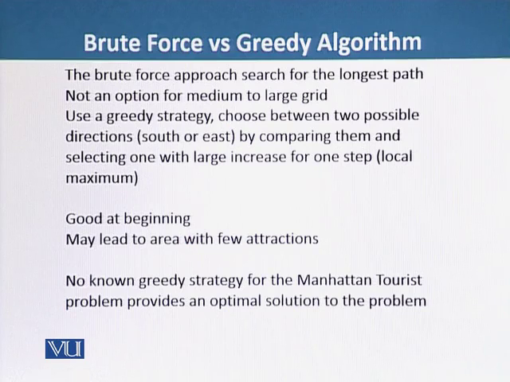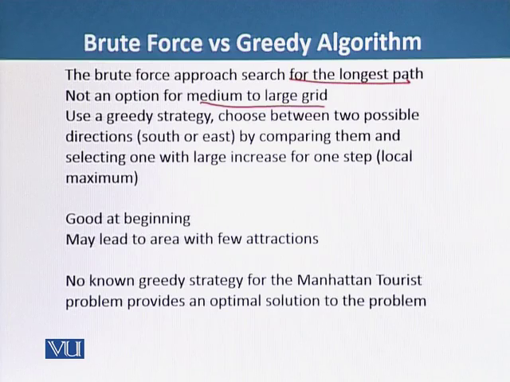We will see the difference between the brute force and the greedy algorithm if we try to solve the Manhattan tourist problem. The brute force approach to finding the longest path is not optimal for medium to large grids, because it recomputes again and again, and it will take a very long time.